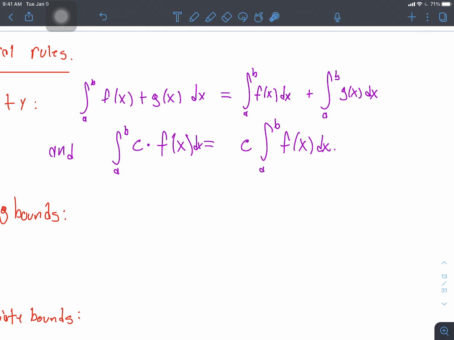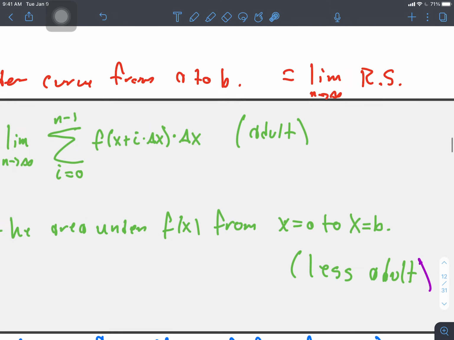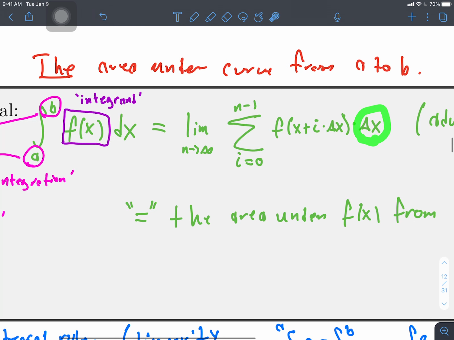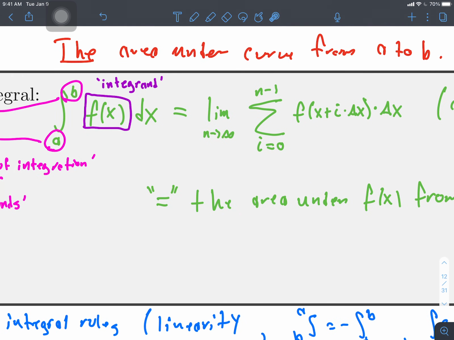Okay, and you'll also notice me writing this dx at the end of each of these expressions. This can sort of be compared with how at the end of each Riemann expression, I get a delta x, right? Now I'm going to put just the function, and instead of delta x, I'm going to write dx, okay?